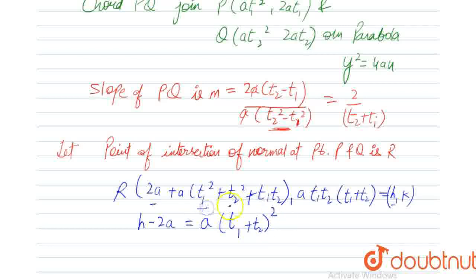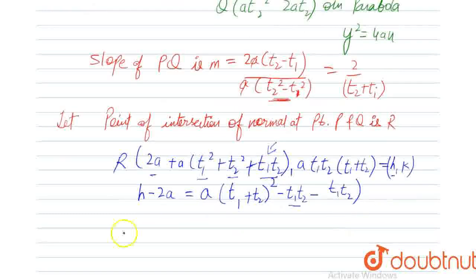Because t1 square, t2 square and t1 t2, if we add one t1 t2 and subtract one t1 t2, that is how we are writing this, because (t1 plus t2) whole square is t1 square plus t2 square plus 2 t1 t2, and minus this t1 t2 we get this value. That is why we are writing minus t1 t2.